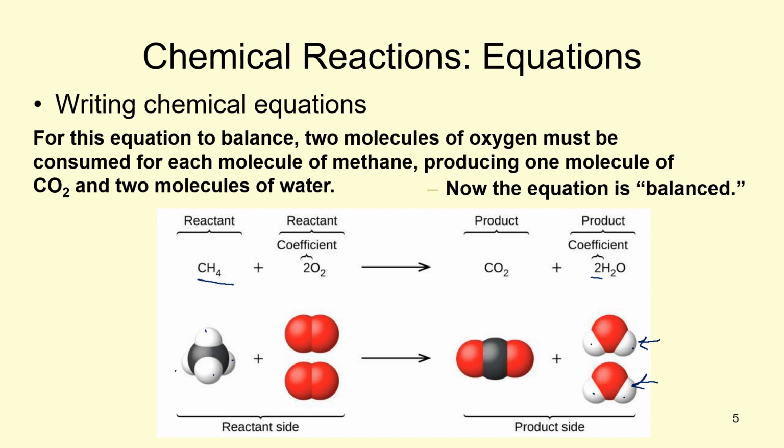And now on the right, we have 4 oxygen, and originally we had 2 oxygen, so if we double that, putting a 2 in front of it, now we have 1, 2, 3, 4 oxygen. So now this equation is balanced. We have the same number of atoms of each kind on both sides. The numbers in front are called coefficients, just like they are in algebra.